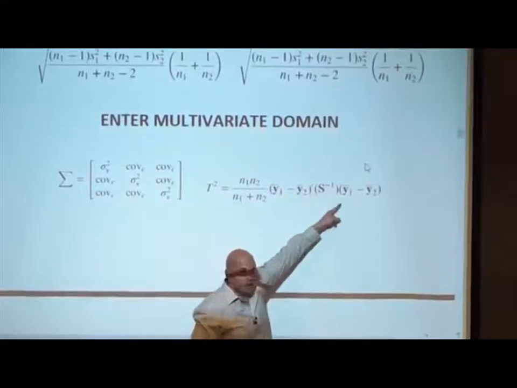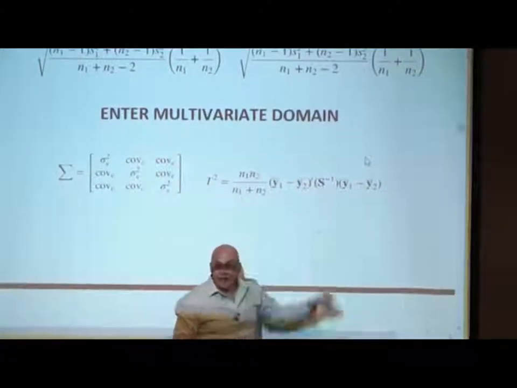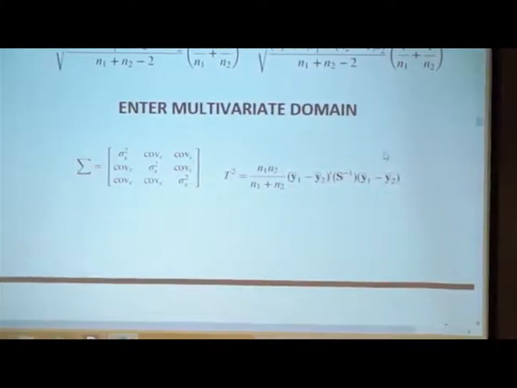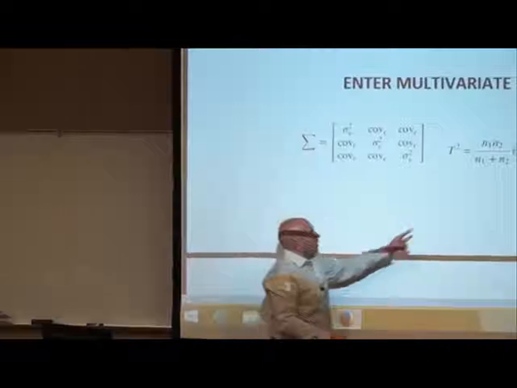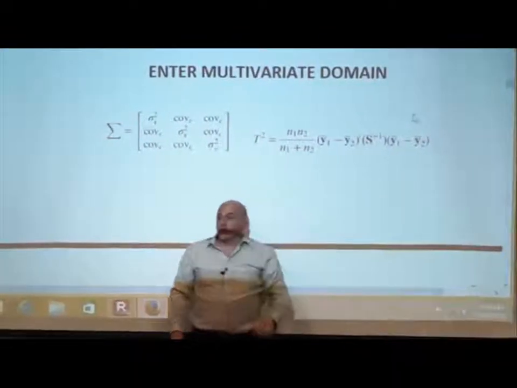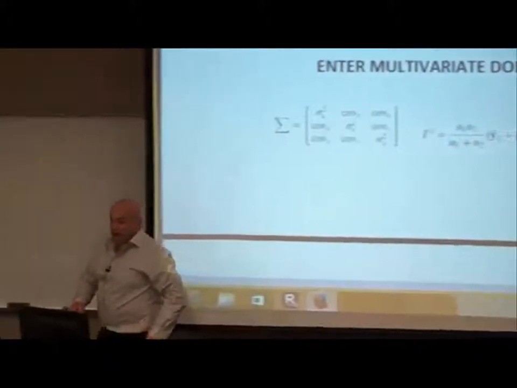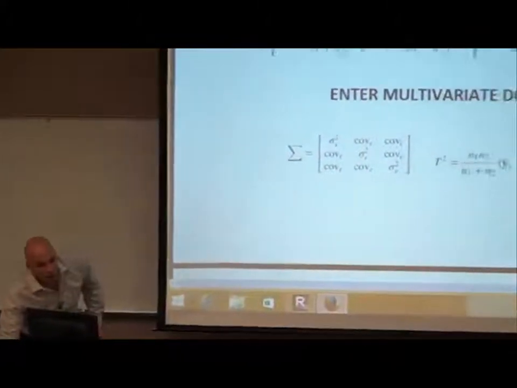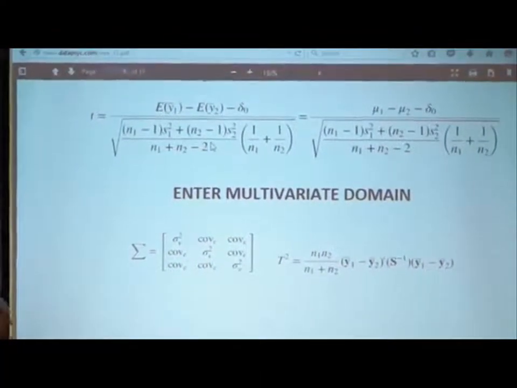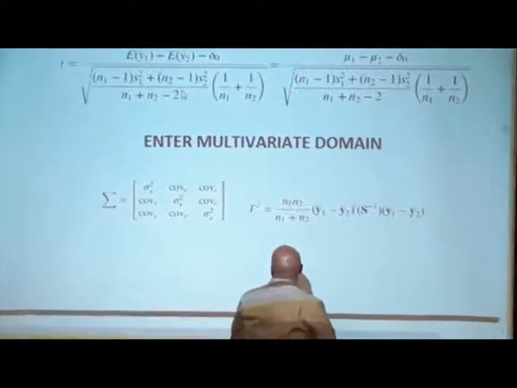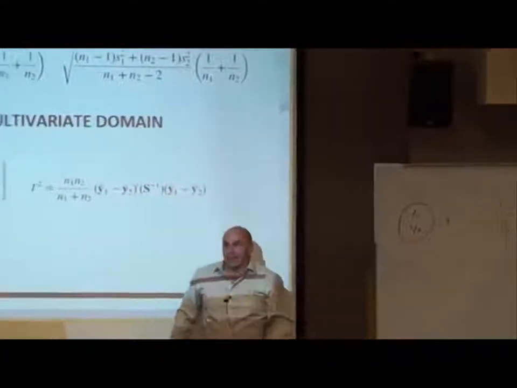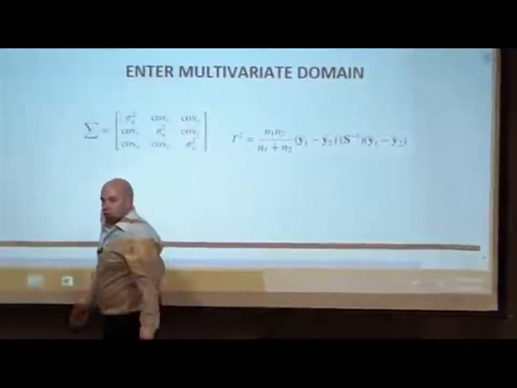So I'm squaring it. That's all that is with this. And there's S to the -1, which is the inverse of the variance-covariance matrix. What that really is, is just take these vectors and put this on the bottom in the denominator. And that's going to be an expression of variability and covariability, very much like this denominator is an expression of variance. So really, we're doing something a little bit different because we're getting the covariance between response variables, but really it's not that different than the univariate t.